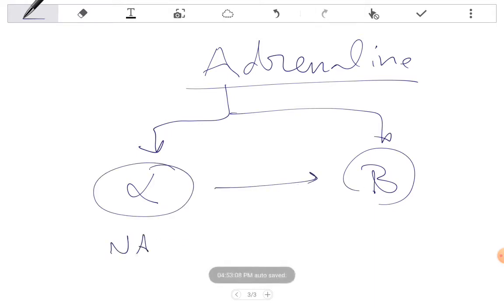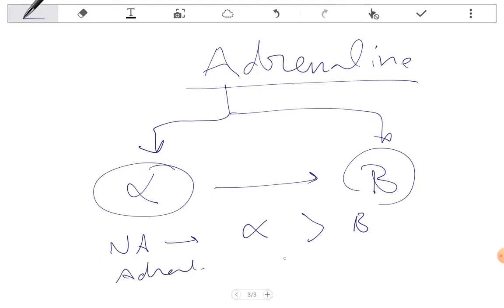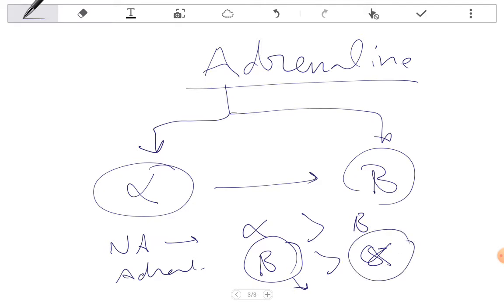Noradrenaline acts more on alpha receptors than beta receptors. However, adrenaline acts more on beta receptors than alpha receptors. So it is an inotropic drug, causing an increase in heart rate and contractility, and it's also a vasoconstrictor drug. So it's one of the important vasopressor medications.